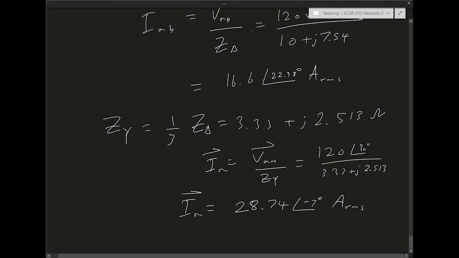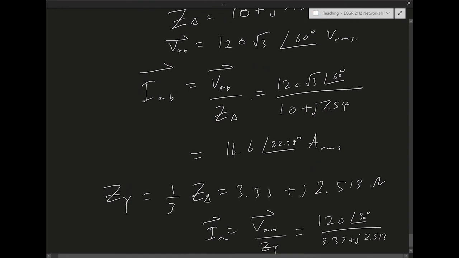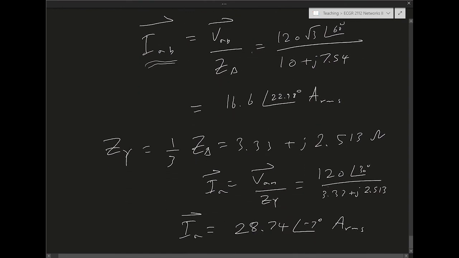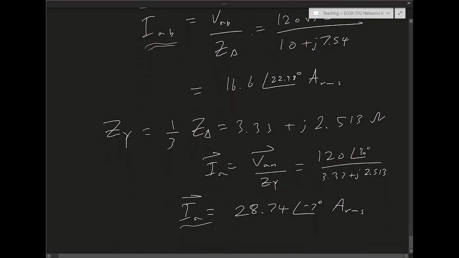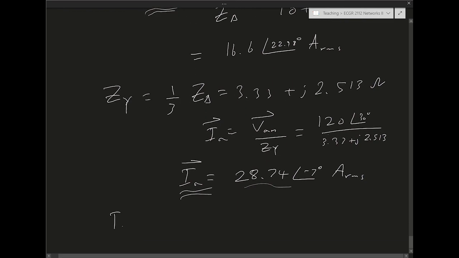Now, because this is a three-phase problem, all we need to do is calculate one line-to-line current, one delta current, and one phase current. The other two are the same: they have the same magnitude with a different angle. So the other two delta currents are as follows.